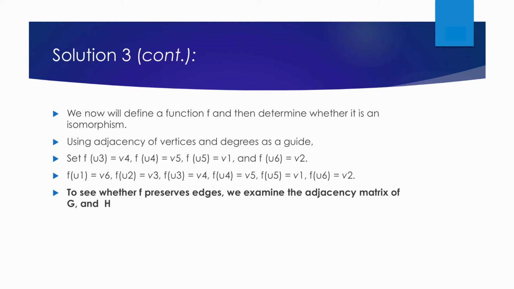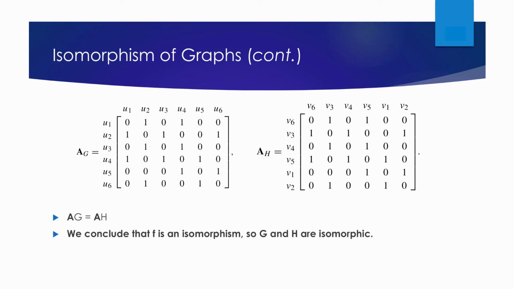To see whether f preserves edges, we examine the adjacency matrix of G and the adjacency matrix of H with the rows and columns labeled by the images of the corresponding vertices in G. The adjacency matrices of G and H are shown in the figure.